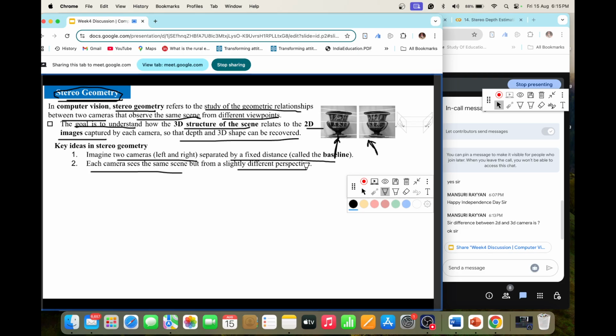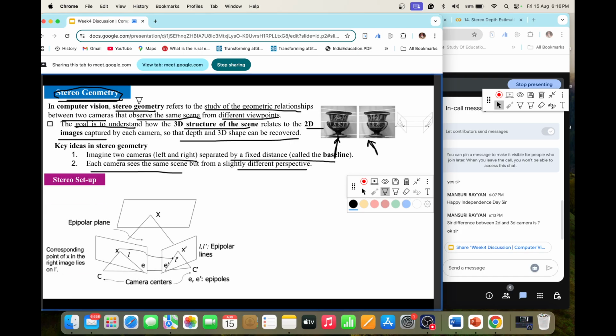They will be separated by some distance known as baseline distance. Second, each camera sees the same scene but with a slightly different perspective. You can see in this example image that each camera is seeing the same lamp, but from a slightly different perspective. So that is the idea behind stereo geometry.